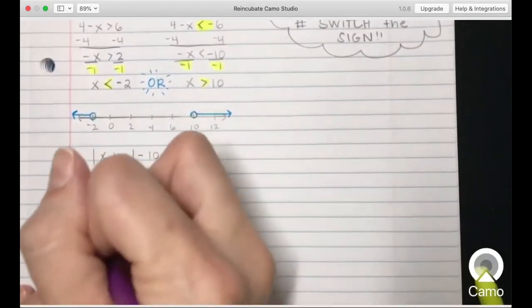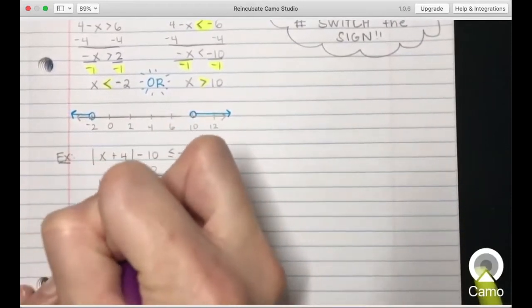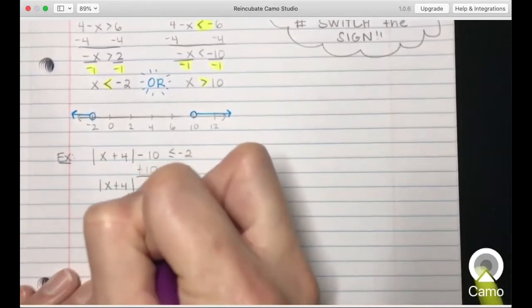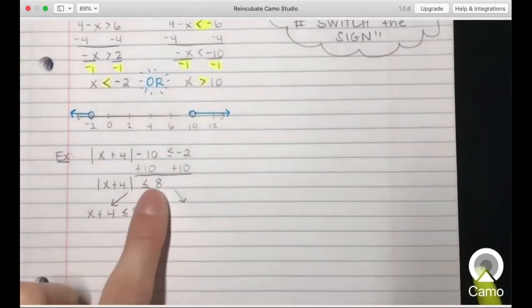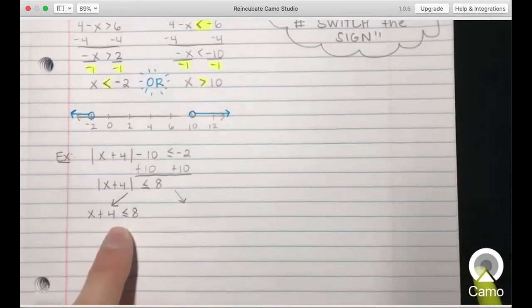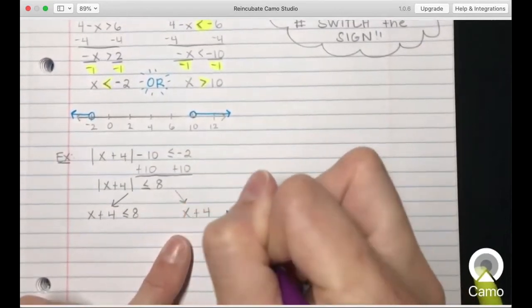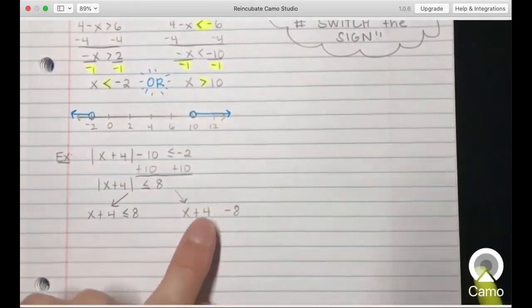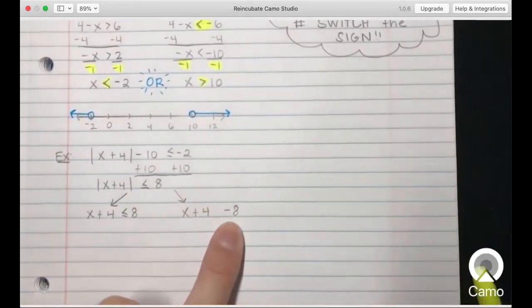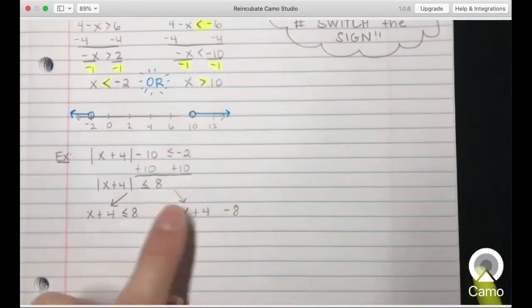Let's start with the positive one because that one's the easier one to write. So x plus 4 is less than or equal to 8. We didn't change anything because the number just stayed the same, so the sign can stay the same. And then for the second one, we are going to solve with -8. So for that other possible answer, we know we have to switch the sign.